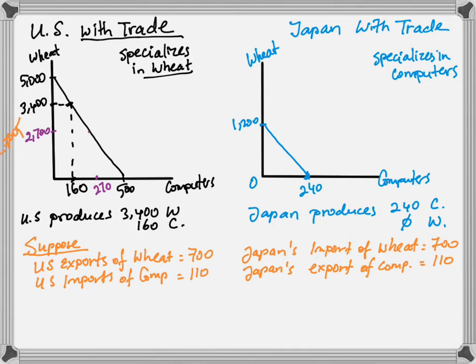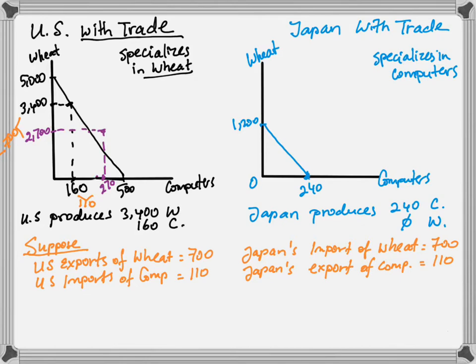Now we have in the United States 2,700 tons of wheat for domestic consumption. And also the United States will import 110 computers from Japan, and in the domestic market we have 270 computers available for consumers.